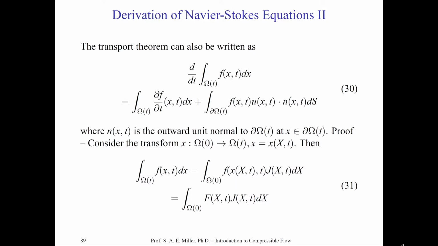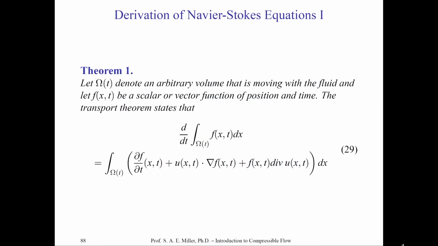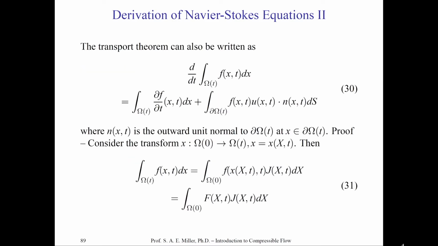Let's look at this written in a slightly different way. We can write equation 29, the transport theorem, in this way. We can break apart the right-hand side into two volume integrals and write the second term on the right-hand side as a surface integral, through, of course, the work of George Green and Ostrogradsky of Russia.